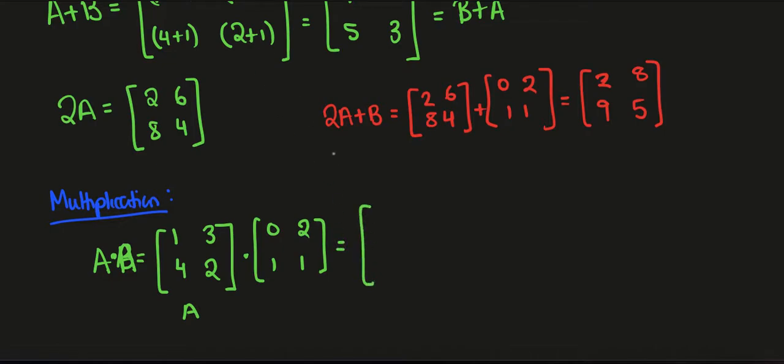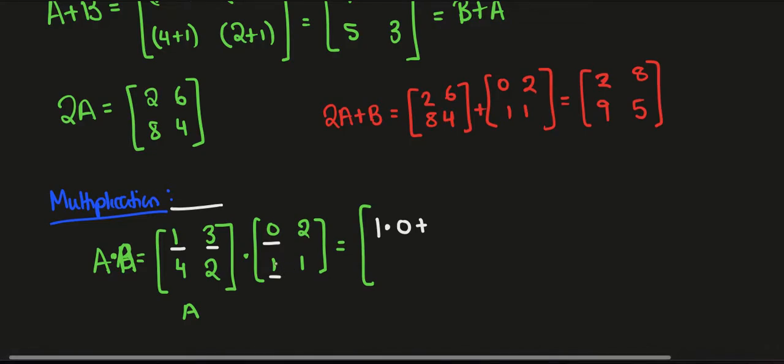Okay, so let's write the first entry in white. We're going to do this one times this one, so 1 times 0 plus 3 times 1. For the first matrix we go across, and then we go down for the second matrix.